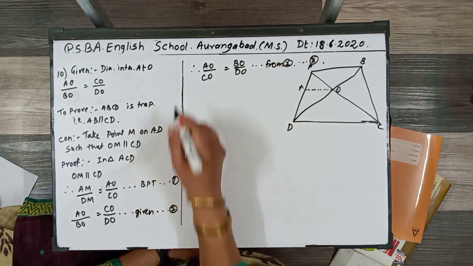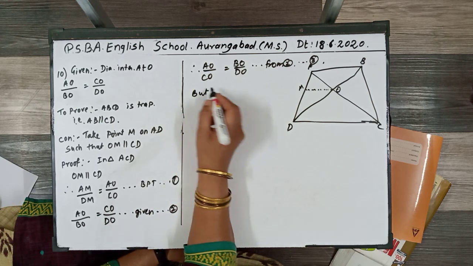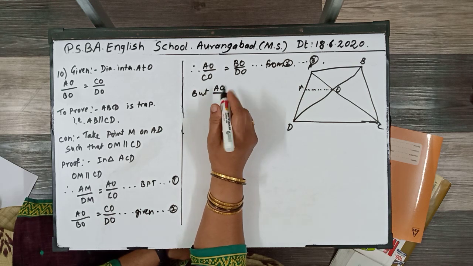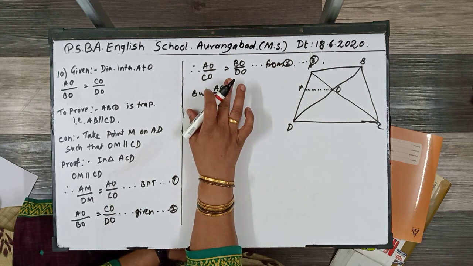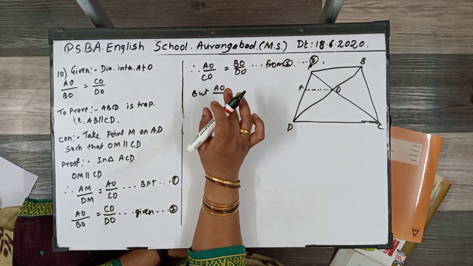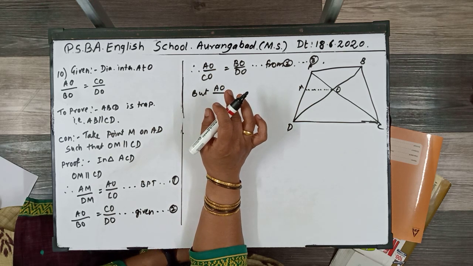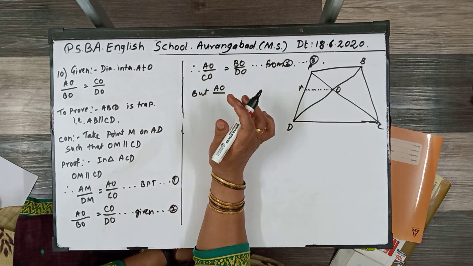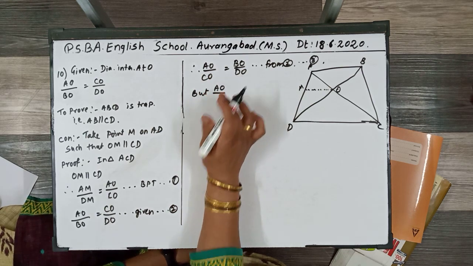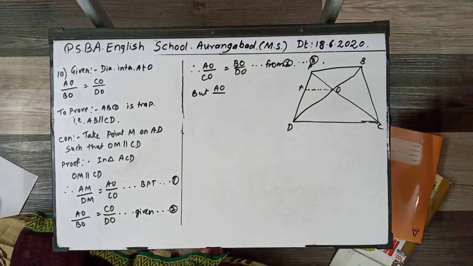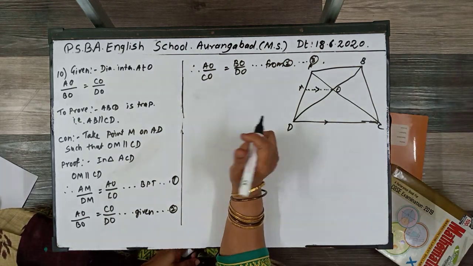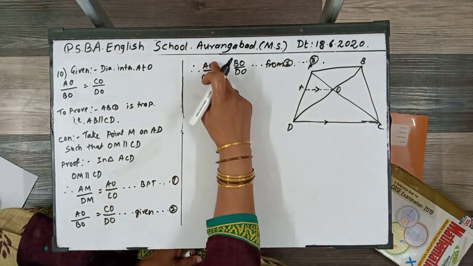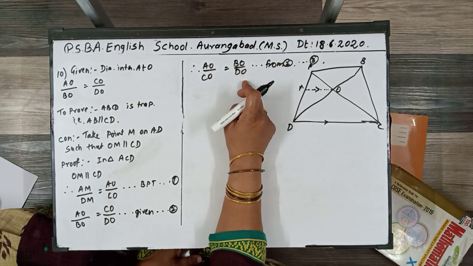Now we have proved that AM upon DM is equal to AO upon CO, and we have AO upon CO is equal to BO upon DO.